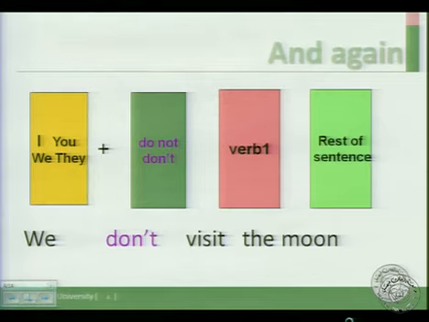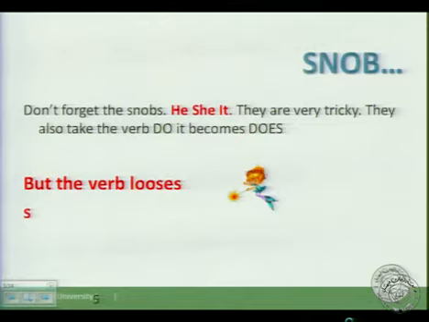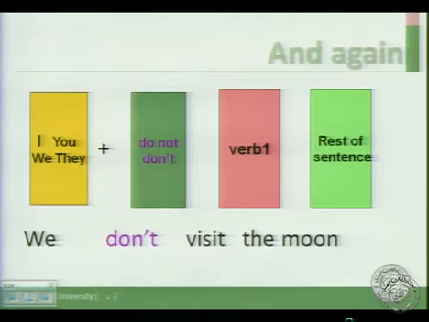So let's go and continue the structure of the simple present. If we have I, you, we, they, we have do not or don't. What's the difference between do not and don't? Don't is usually used in spoken language.